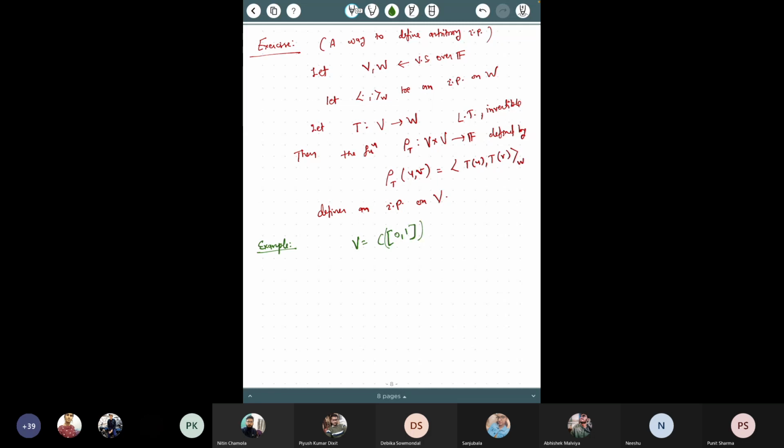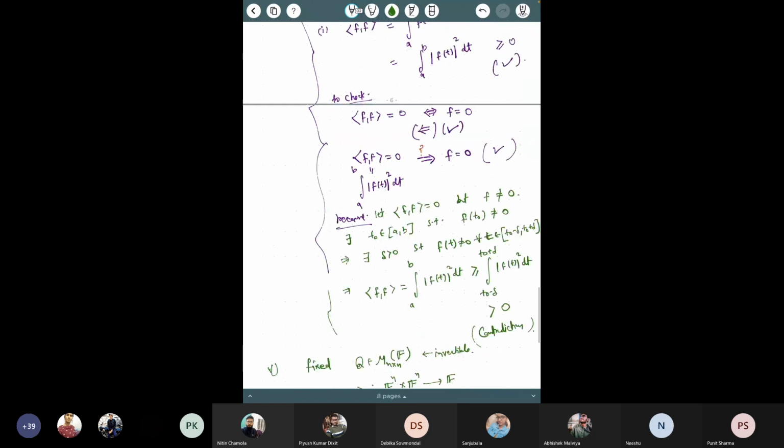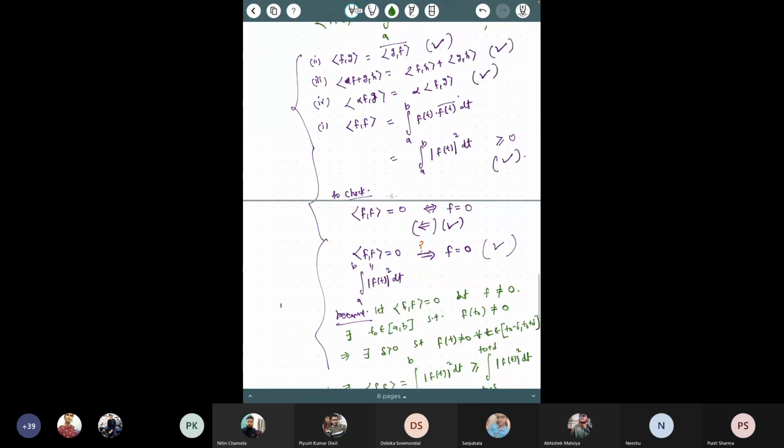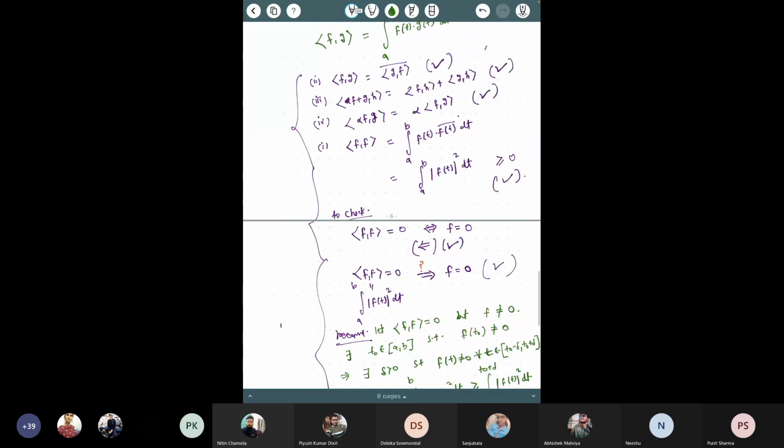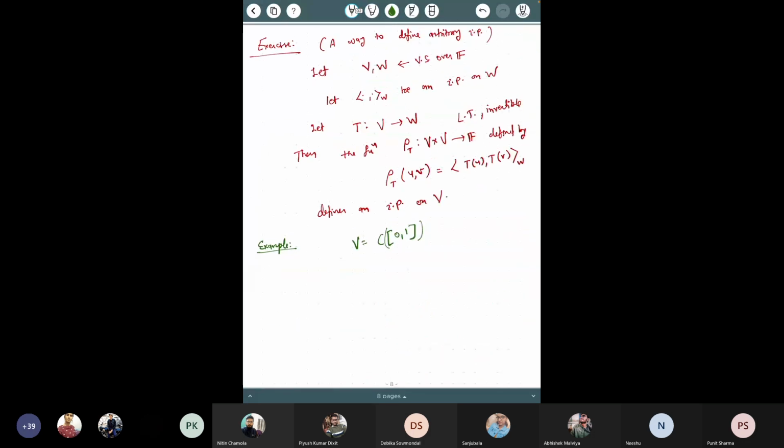And we already know an inner product on V, right? Let's say we want to define another inner product on V. We already know one inner product, that is this one. I can do this by using the above result. So what do I have to do?